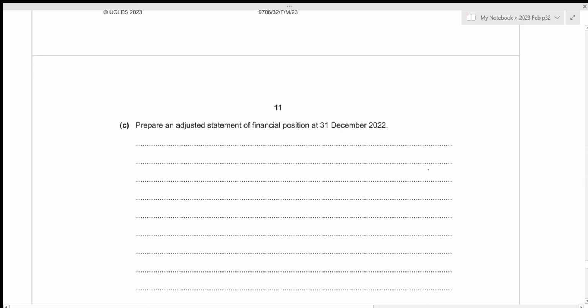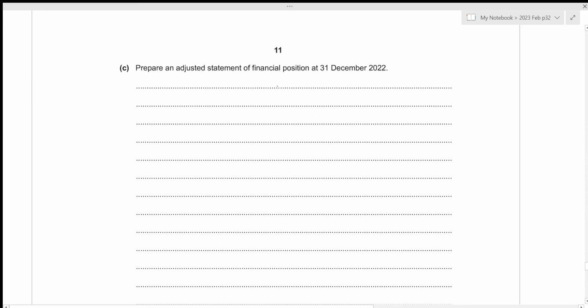We now need to prepare an adjusted statement of financial position at 31st December 2022. So this is the statement of financial position. And this is at 31st December 2022.